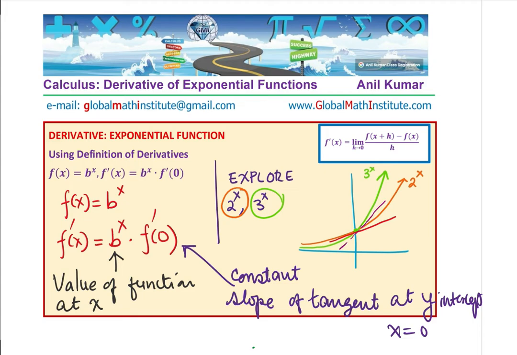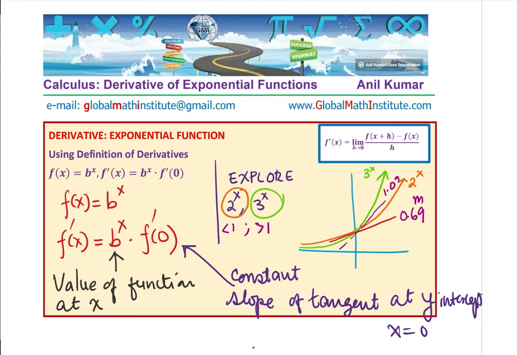So this is the slope of the tangent. Now, you should evaluate this. Once you evaluate this, you'll figure out that this tangent is around 0.69 something. That is the slope. And here, the slope is 1 point something, right? So it is slightly higher than 1. So what we notice is the slopes of the tangents, for 2, it is less than 1, and for 3, it is greater than 1.